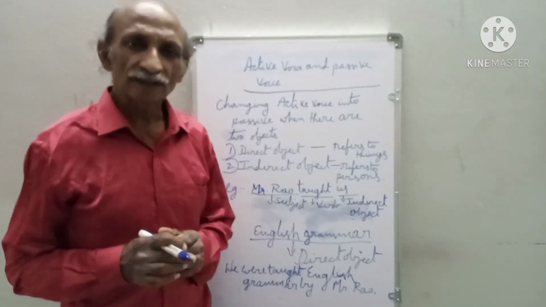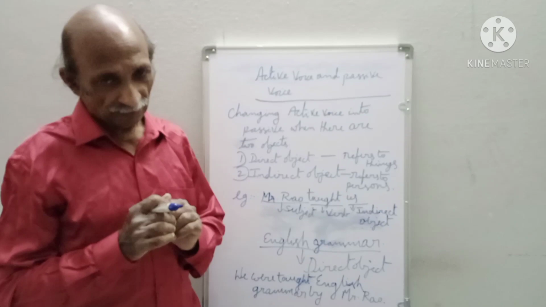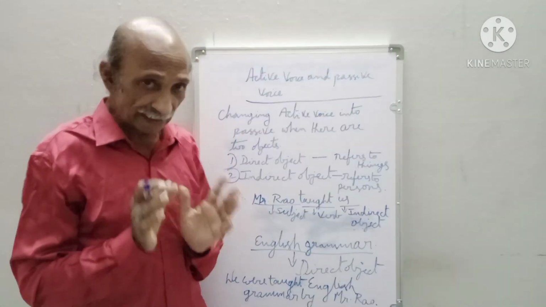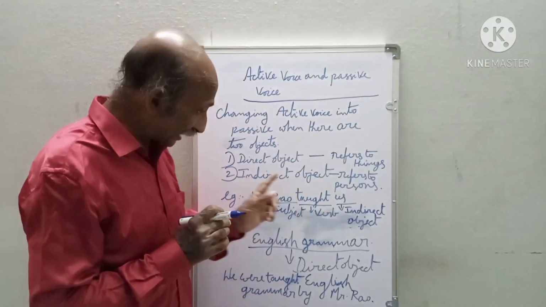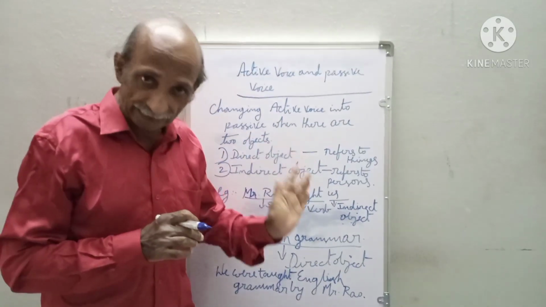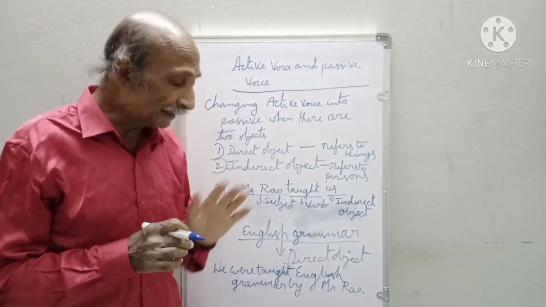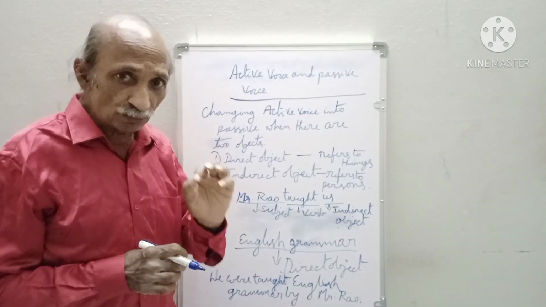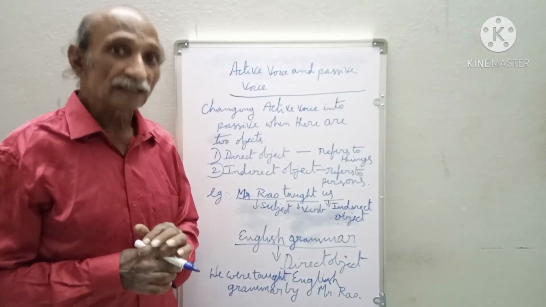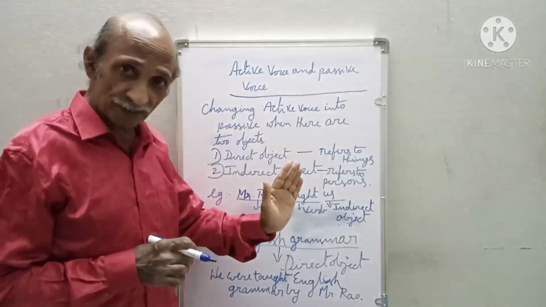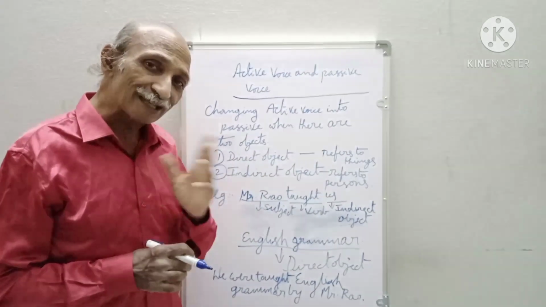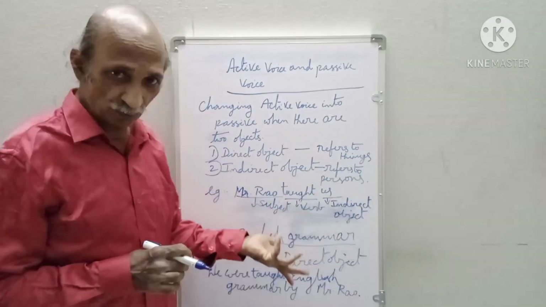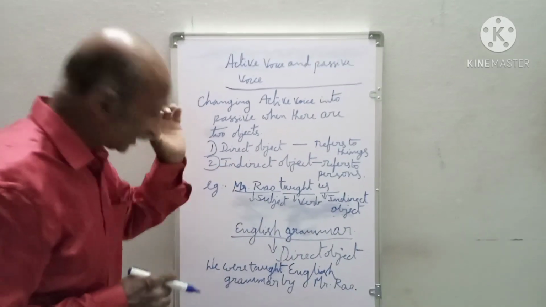Now my dear students, many of us will get a doubt here. That is, when there are two objects in a sentence, which one should be taken as the subject in passive voice? Just remember the rules. The first rule to change active into passive is the object in the active voice should be changed into subject in passive voice. But there are two objects here.